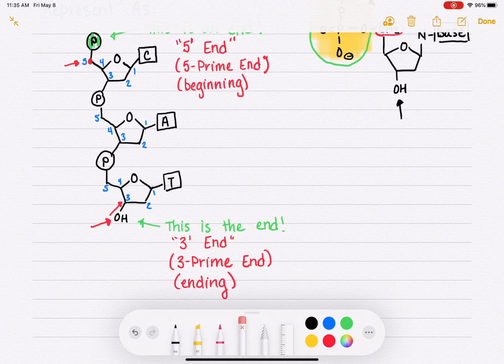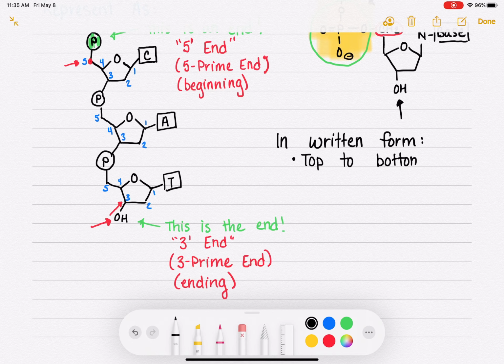So if we're going to write in written form, we write from top to bottom, left to right. So top on the left and bottom on the right.